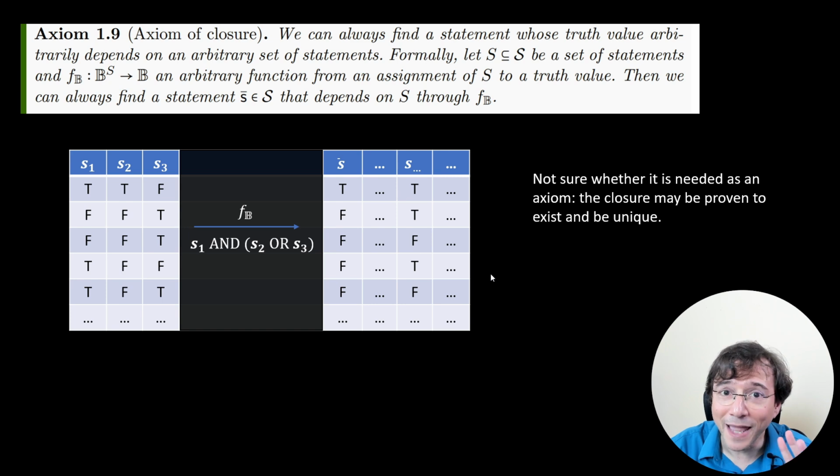Now, technically, it might be that this does not need to be an axiom, because it could be that the closure always exists, so that if you have a logical context that does not satisfy the closure, you can always create one that satisfies the closure.